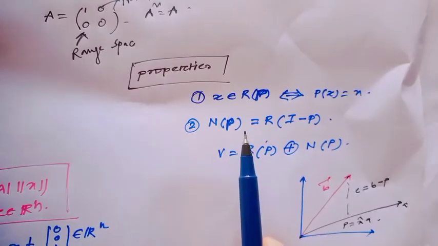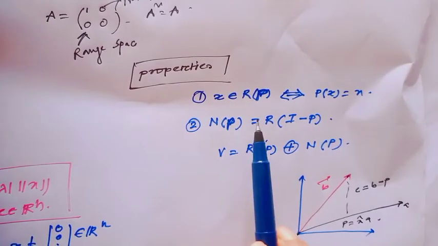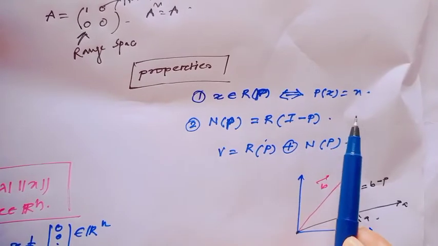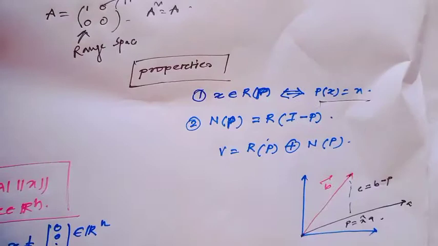The properties are: if x belongs to the range of P, then that always implies Px equals x.